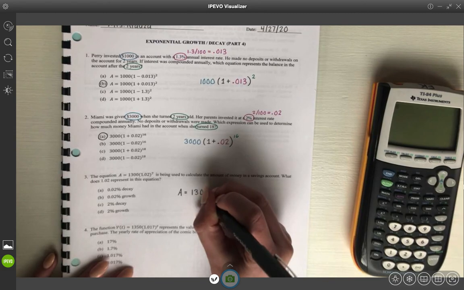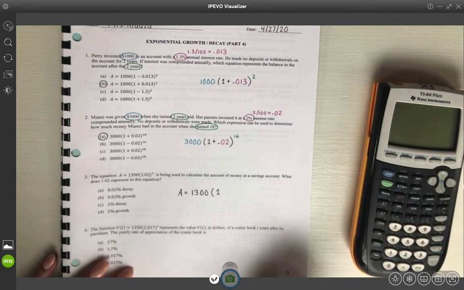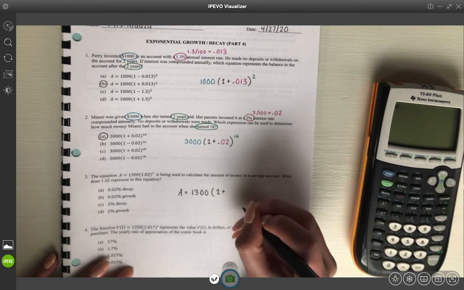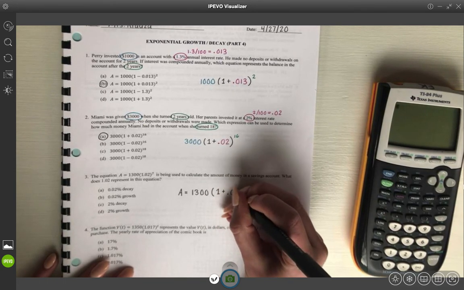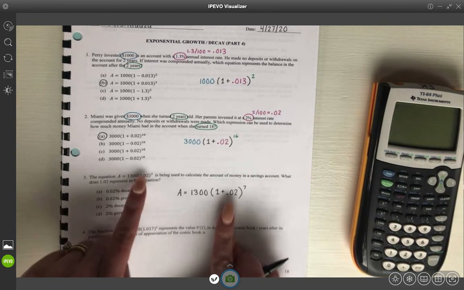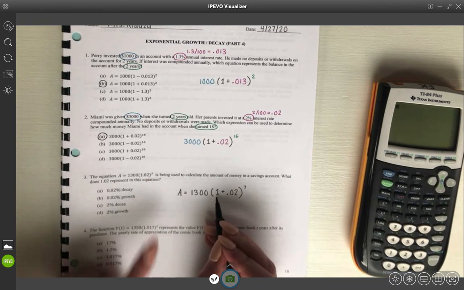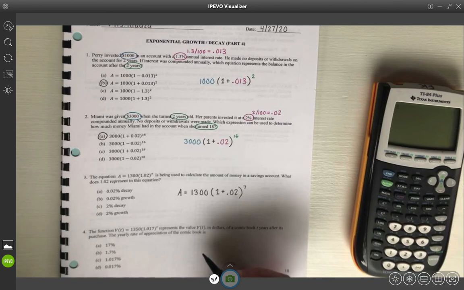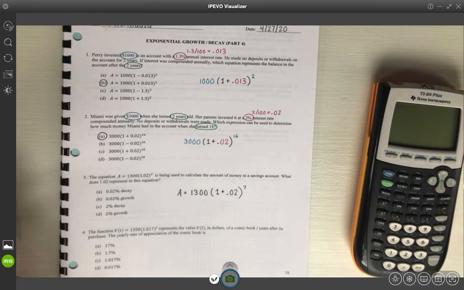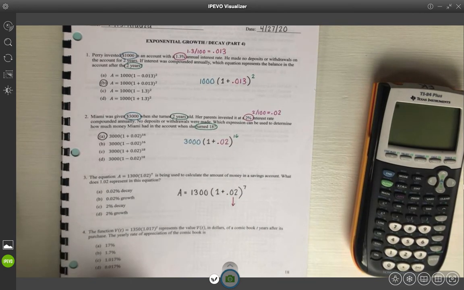So if we rewrote this equation expanded, we'd have a 1 and then a plus sign, and then a 0.02, then a parenthesis and a 7, right? If we expanded that inside part, 1.02, it would be expanded to say 1 plus 0.02. So what is 0.02 as a percentage?